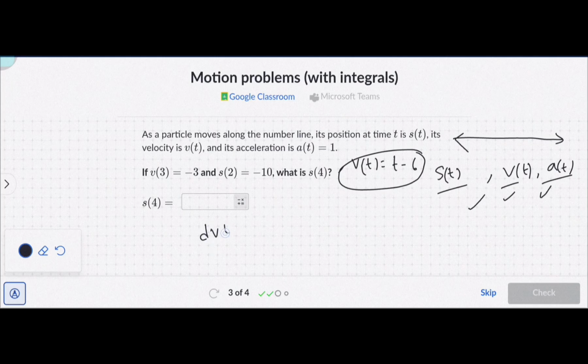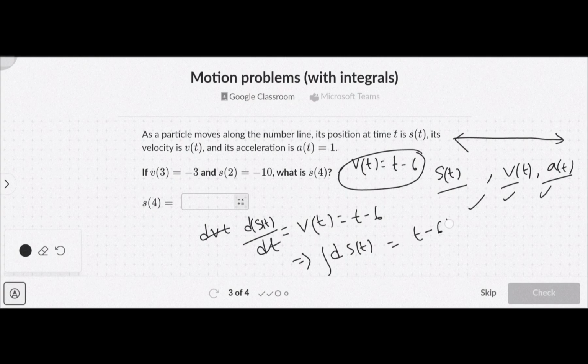We know ds by dt is equal to v(t), which is t minus 6. What does this give?